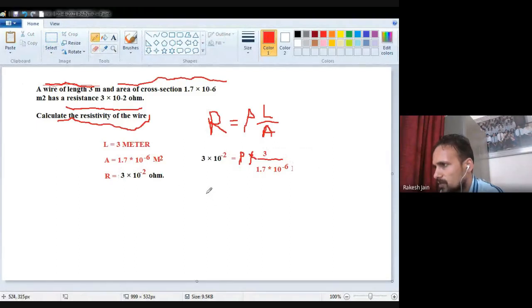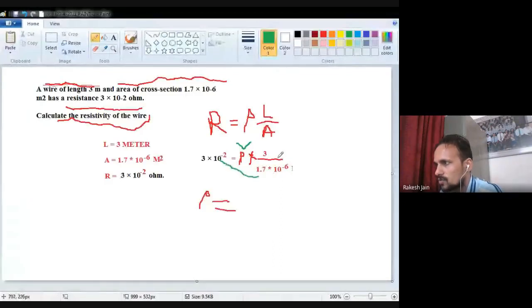Now the rho will be equal to, see from this green color, I have to find out the value of this rho. So this 1.7 multiplied by 10 to power minus 6 will be multiplied by this term and divided by this 3.